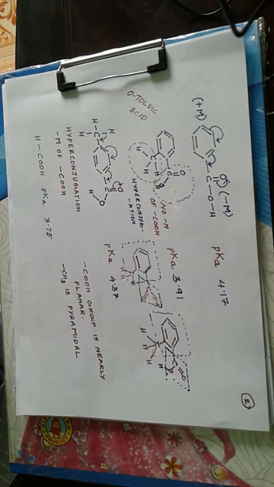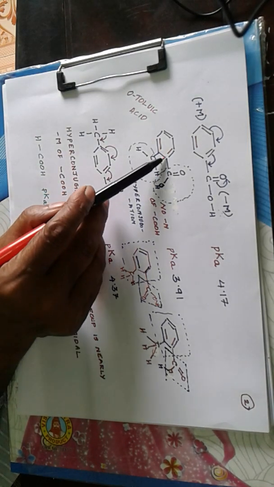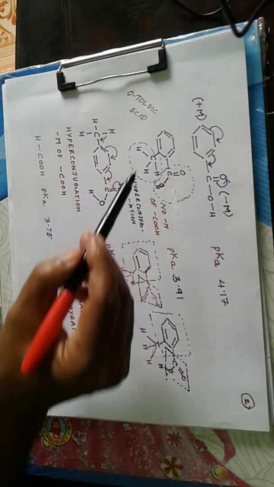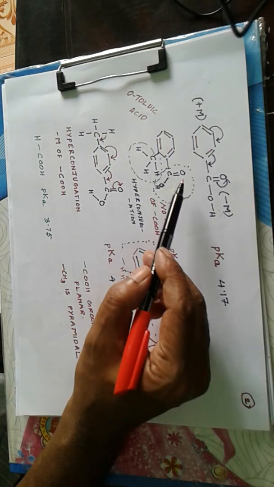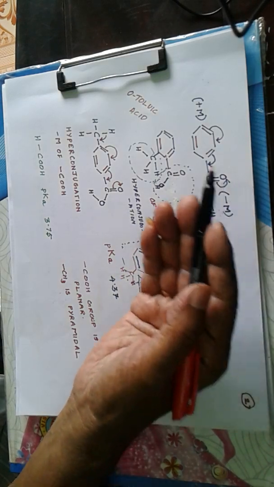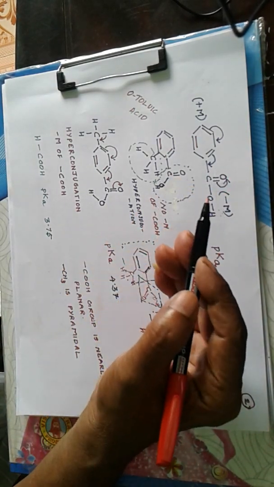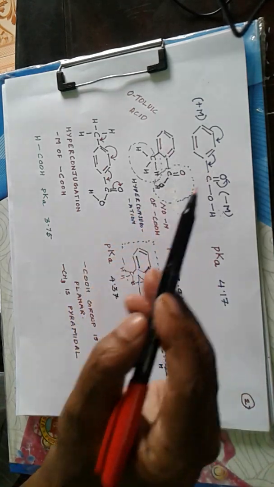So to avoid repulsion, this methyl group can rotate about this single bond. So also this COOH group can rotate about this single bond. But rotation of the methyl group will not cause any decrease in steric repulsion because it is somewhat symmetrical. So the COOH group can rotate in a plane perpendicular or nearly perpendicular to the plane of the benzene ring.